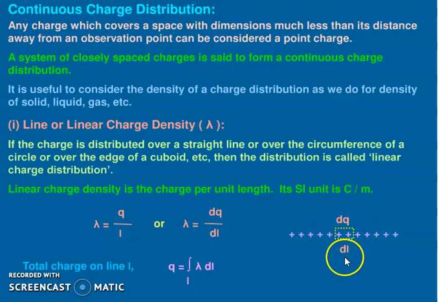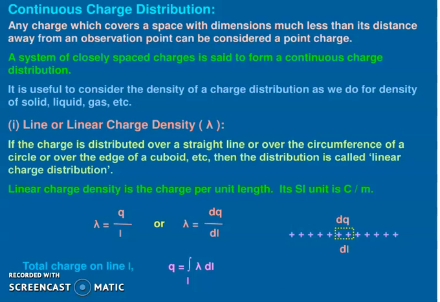Definitely this length will be dl. If the total length of the line is L, then this small length will be dl. Therefore, the charge in this particular region will be dq. So lambda is equal to dq by dl. Therefore, the total charge on the line, q, will be equal to the line integral of lambda dl. So this is the description of linear charge density, or linear charge distribution.